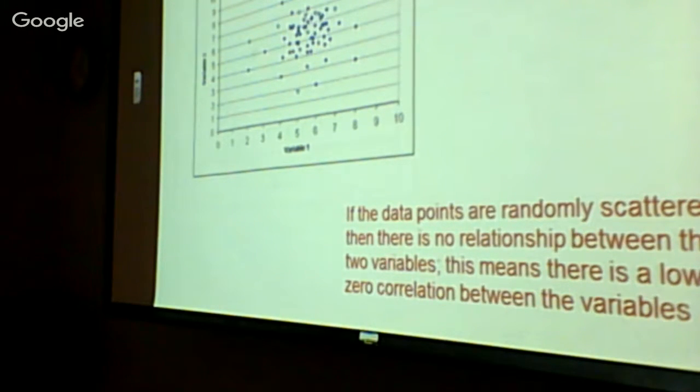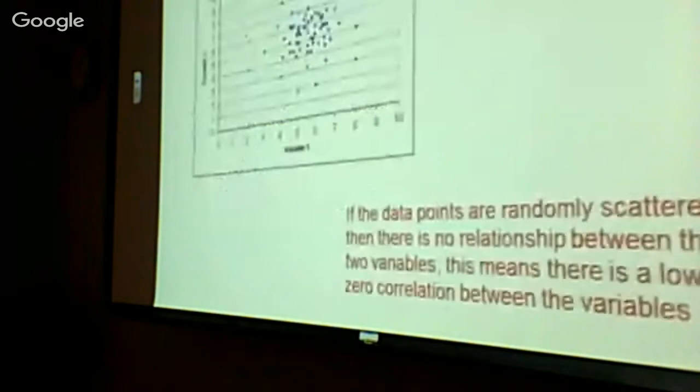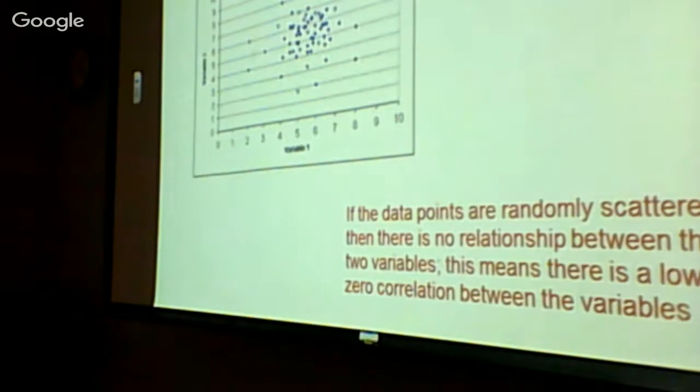So if there's this sort of spherical or circular scatter pattern, this would give me a zero correlation. Maybe there is, maybe there isn't. I don't know. There's probably something happening here that can't be described via simple correlation. It's probably a more complicated relationship mathematically. And if I were to rely upon just correlation, I wouldn't get that little bit of wisdom. So keep in mind correlations are limited.